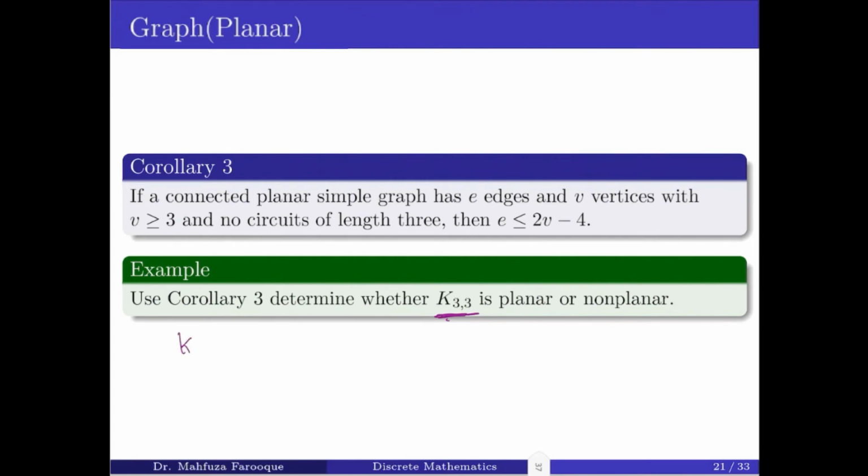For K33, we know that the total number of vertices is equal to 6. For K_{m,n}, the number of vertices is m plus n, and we can find the number of edges by multiplying m and n. So the number of edges is equal to 9.